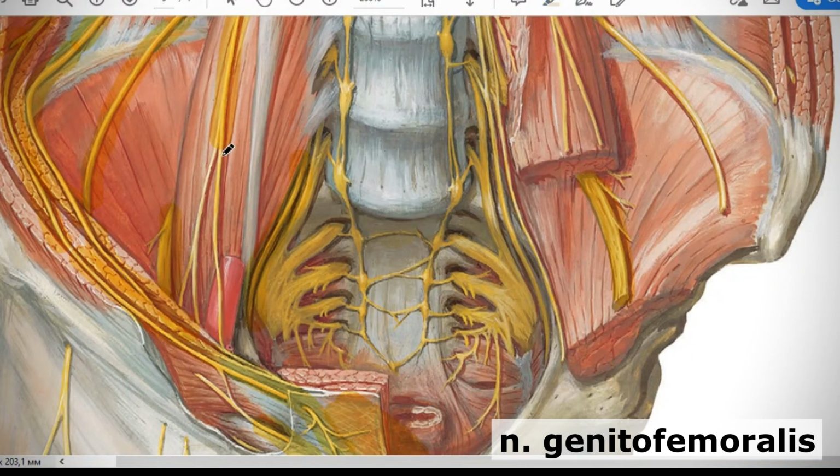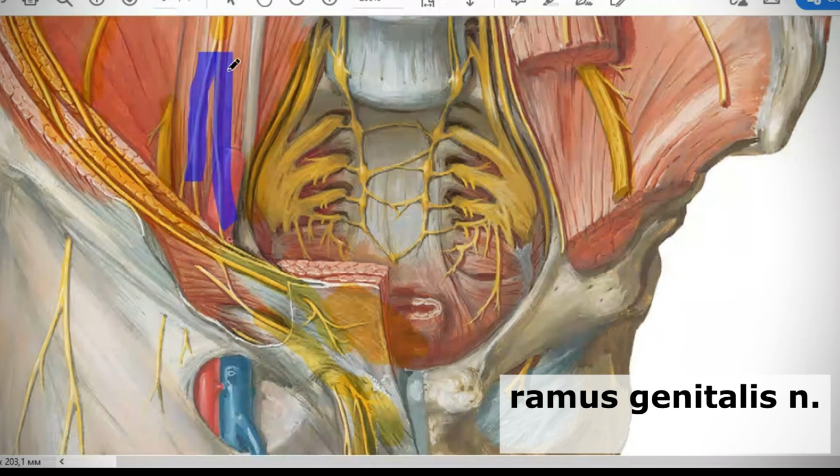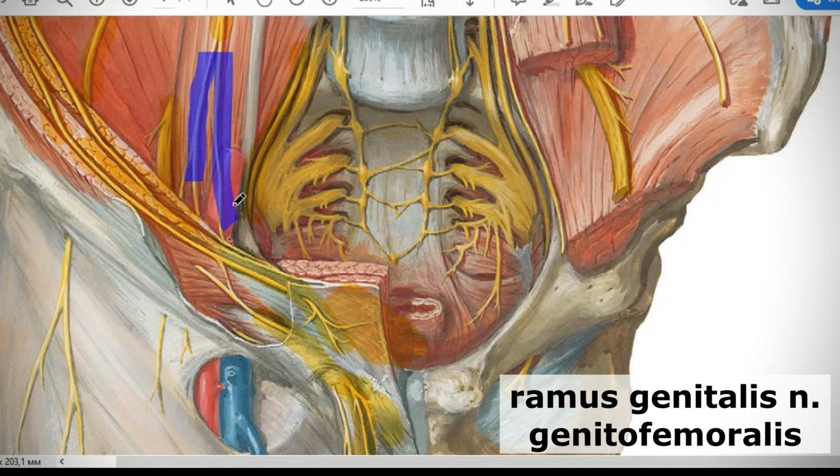Medial, it's ramus genitalis, the genital branch. Lateral, it's ramus femoralis. Ramus genitalis, as you can see, goes down and forward, and actually it penetrates the posterior wall of your inguinal canal.